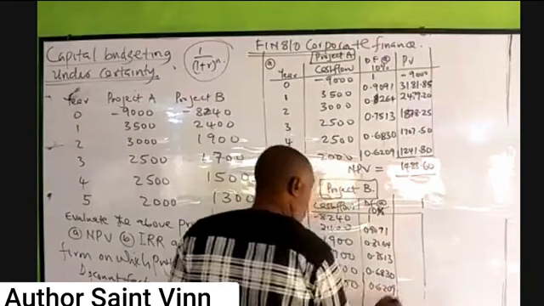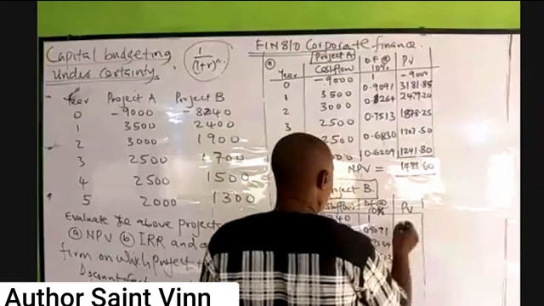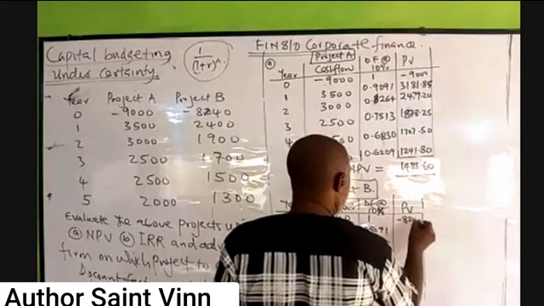This is the present value, and this is a minus 8240.